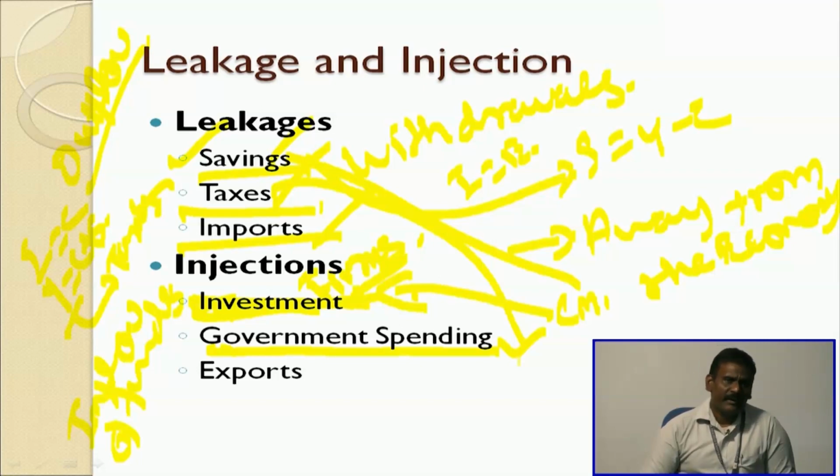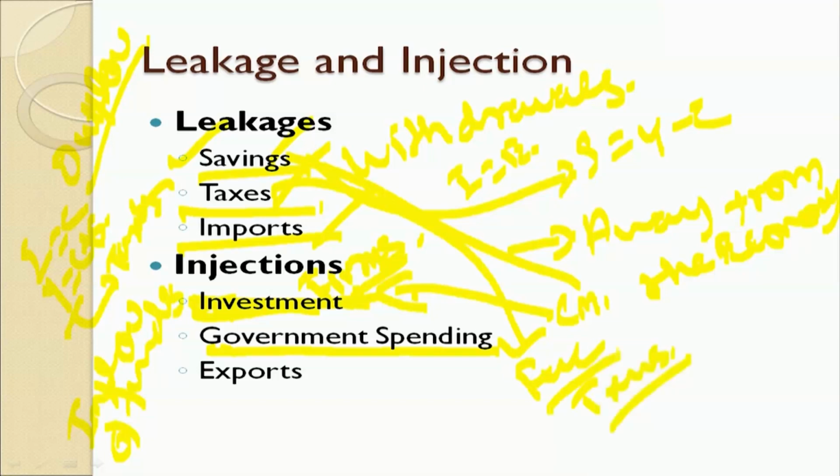The government is using the factor services received from the household. For that, factor payments and transfer payments are given by the government to the household. It is also again injected into the economy.